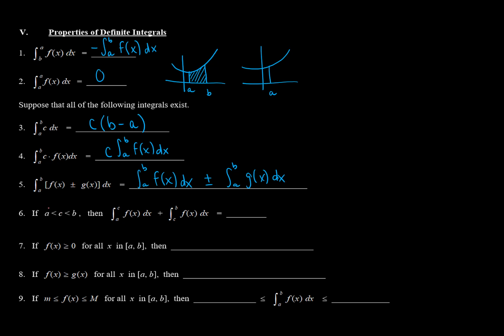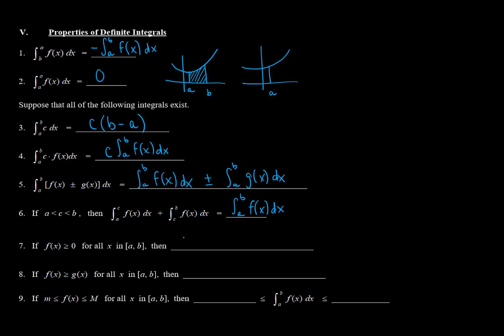If you know that C is in between A and B, then the integral of A to C of f of x plus the integral of C to B is going to give you the integral all the way from A to B. So in other words, you can kind of smush it up. Okay, again, you can go from A to C and add to it C to B, and that'll get you all the way from A to B. It's like skipping the middleman, C.